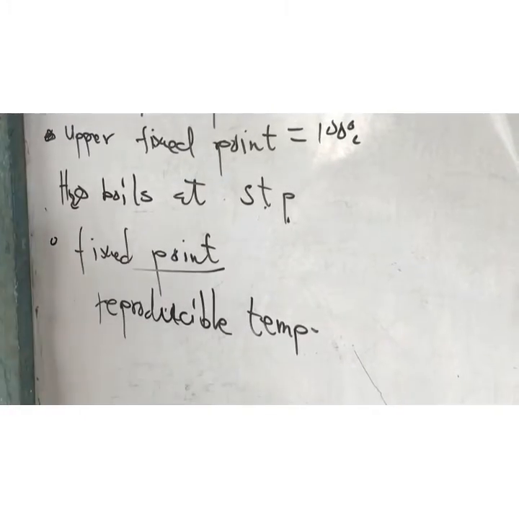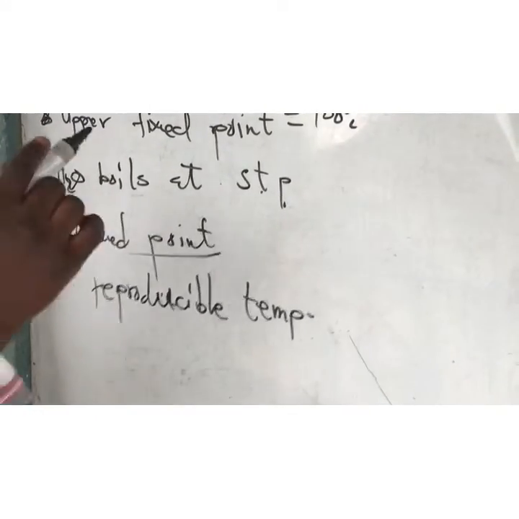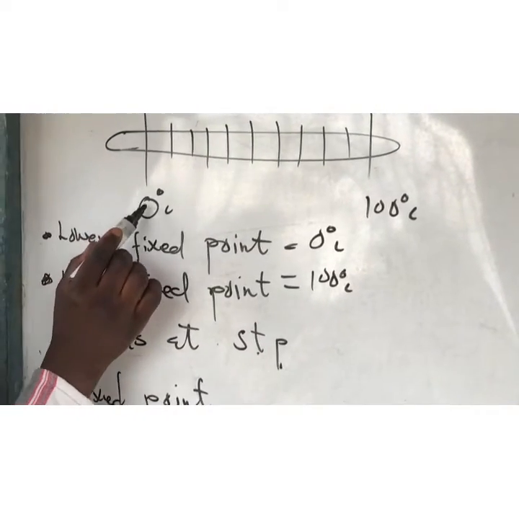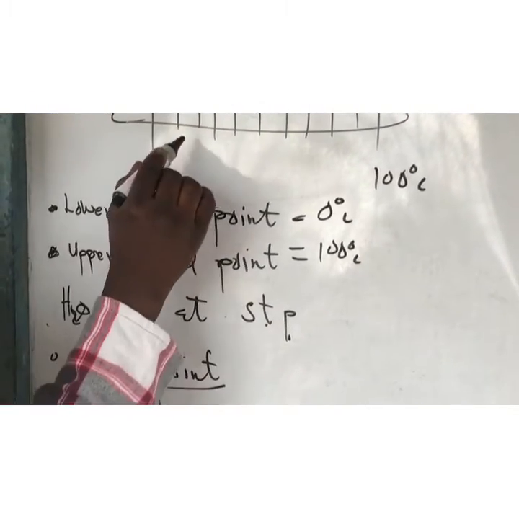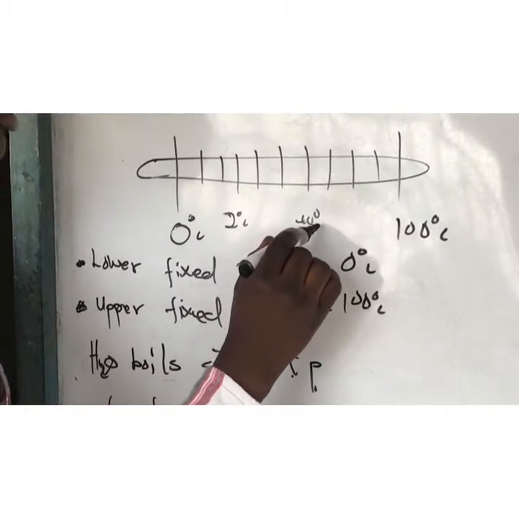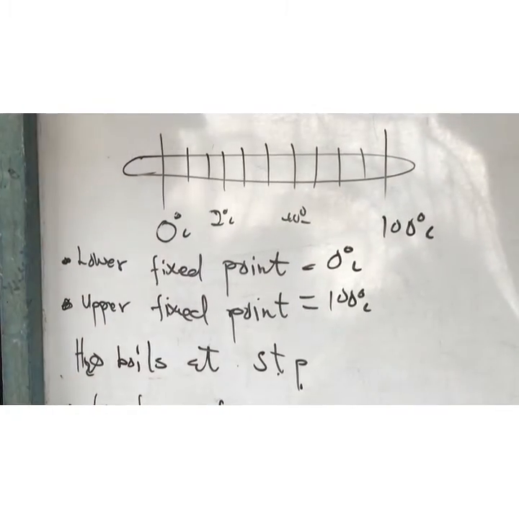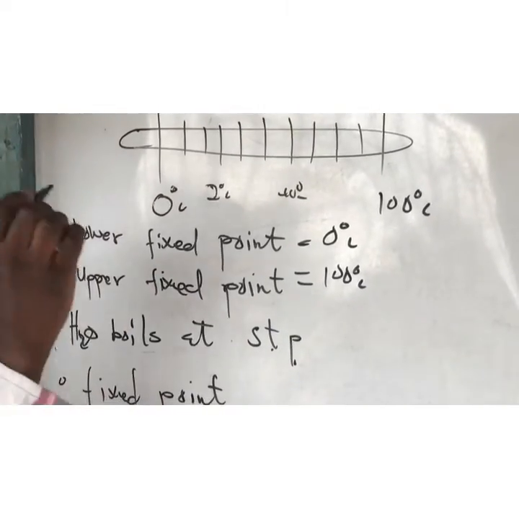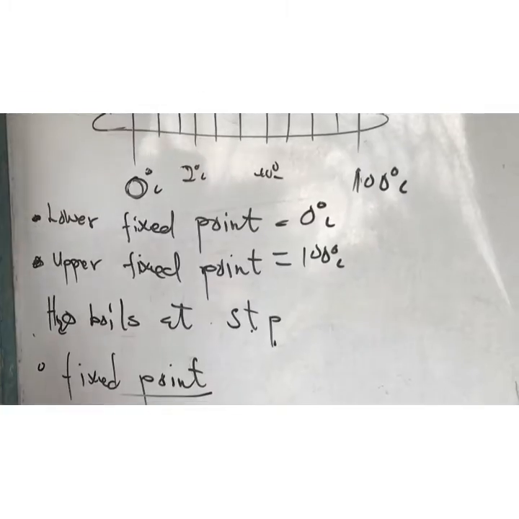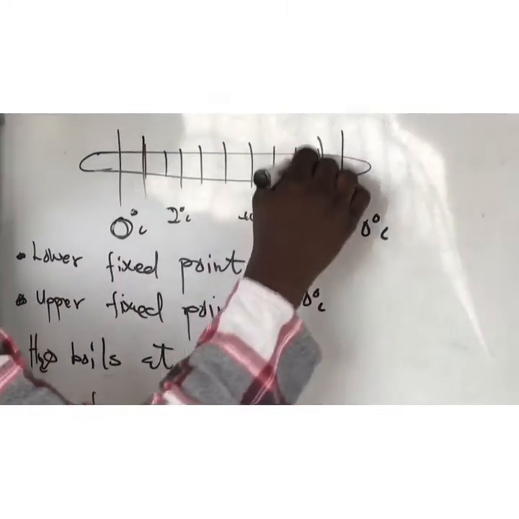So it means that before I could calibrate this thermometer, with 0 degrees Celsius here, 20 degrees Celsius, 40 degrees Celsius, up to 100 degrees Celsius, I will use the lower fixed point and the upper fixed point before I could get the figures here.